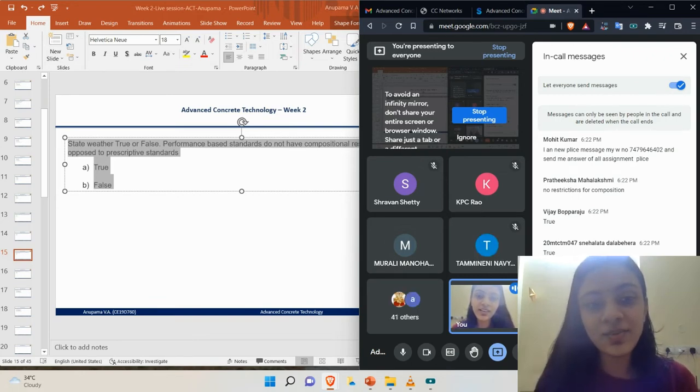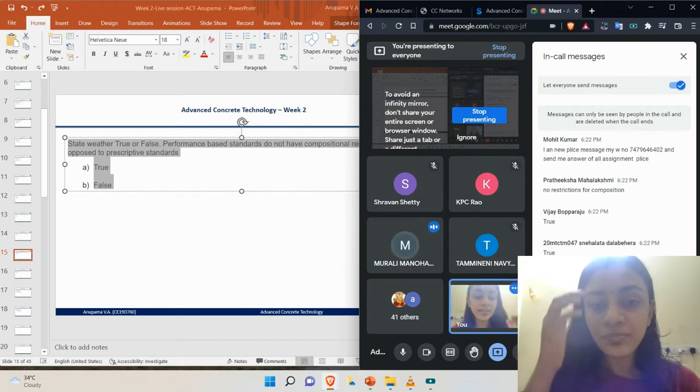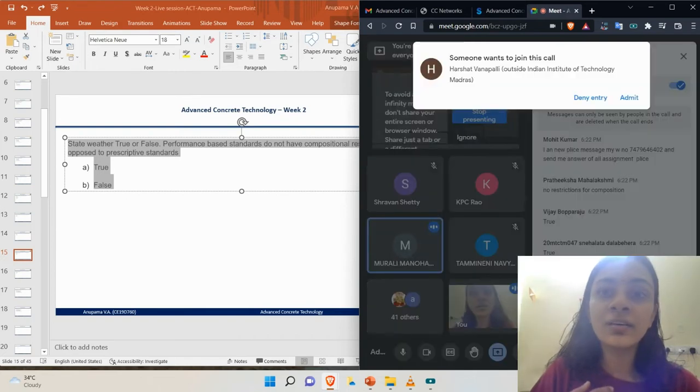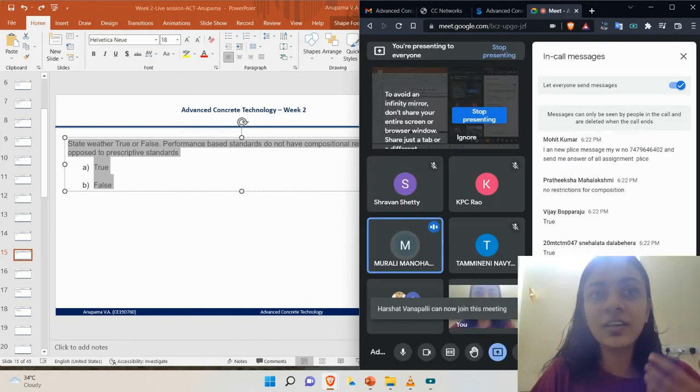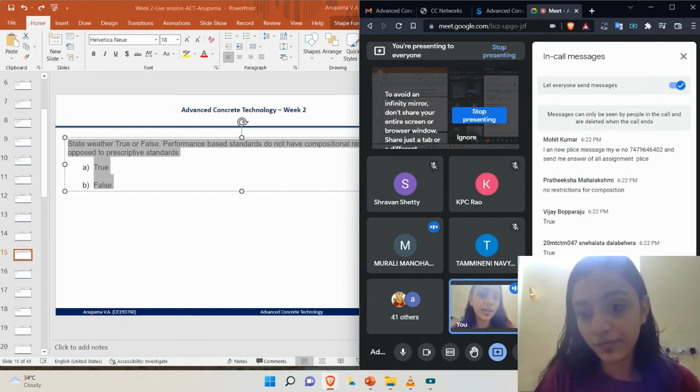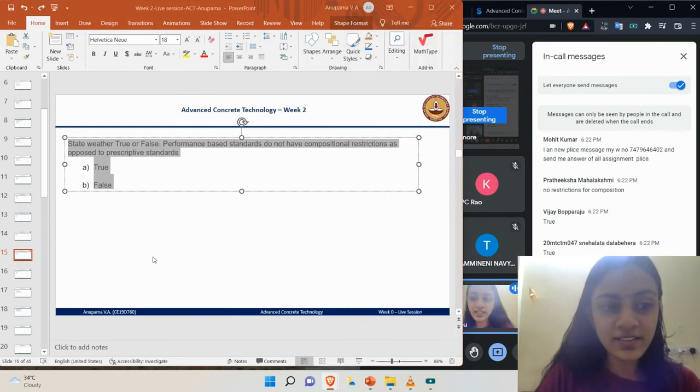So the standards which give focus on the performance are known as performance based standards, and it does not give any restriction on composition. So the correct answer is true. I think all of you got it correct. So it gives us the freedom to use the composition and tweak the composition such that it will benefit the required performance. So the correct answer is true.